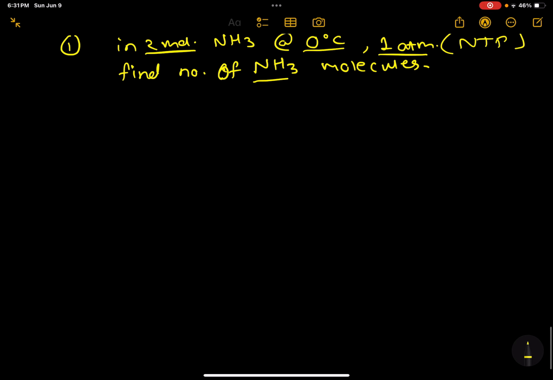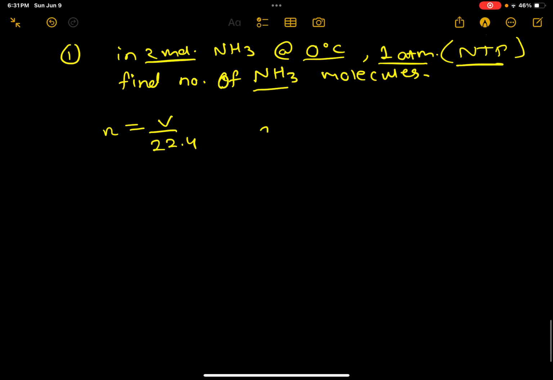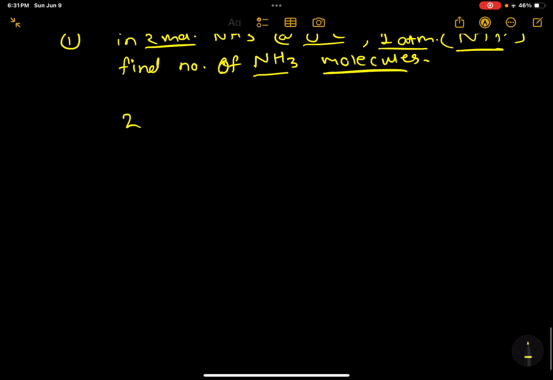So we are given 2 mole, so we know that they're talking about NTP, that means volume. So we have to use the formula V upon 22.4. So that means 2 is equal to V upon, no wait, sorry, it's asking us about the number of NH3 molecules. Yeah, so we have to use the formula N upon Na.